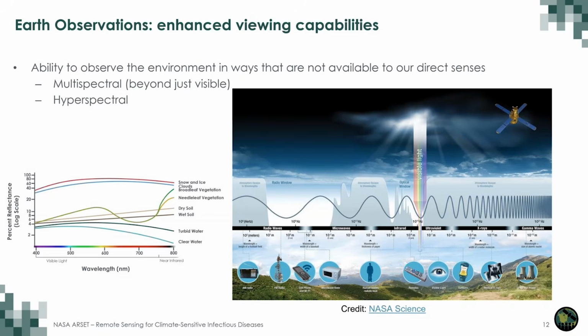If you look at the graphic on the right, our eyes are set up to observe the world in a very, very narrow range of electromagnetic radiation, the visible light. What satellites allow us to do is observe the world and its components in different ranges of electromagnetic radiation.